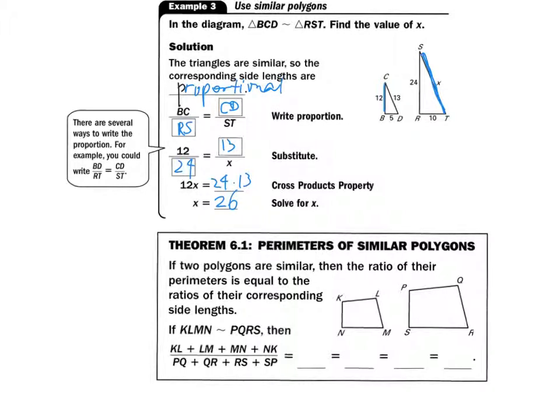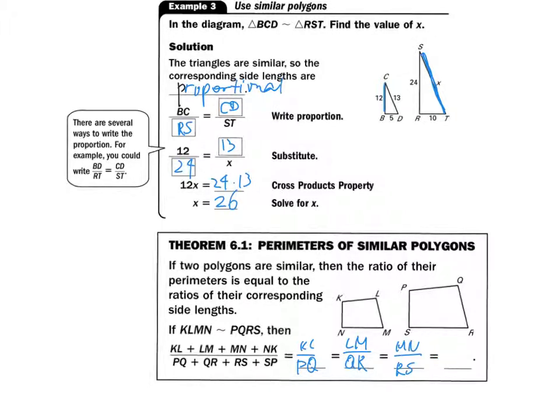You take a ratio of that, and that should give you the same scale factor, KL over PQ, and that should also equal LM over QR, whatever these side lengths are. It should be MN over RS, and it should be KN, oops, I'm sorry.